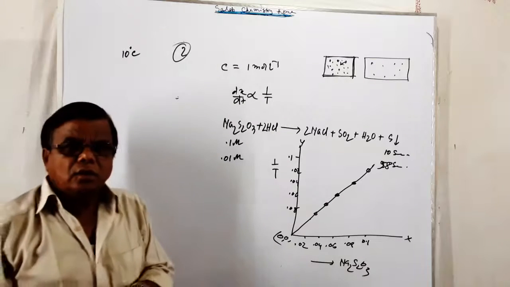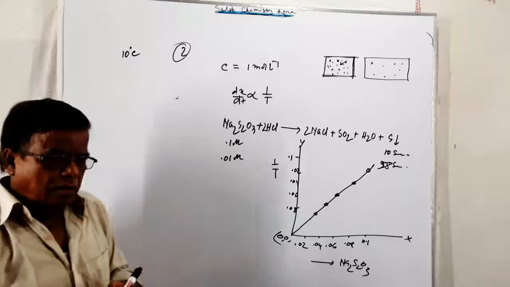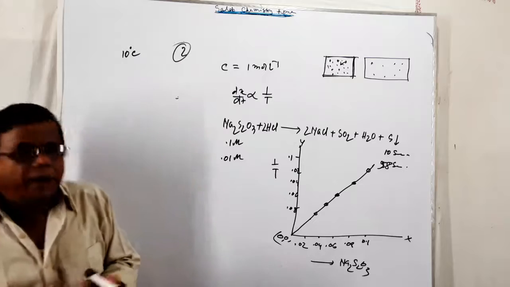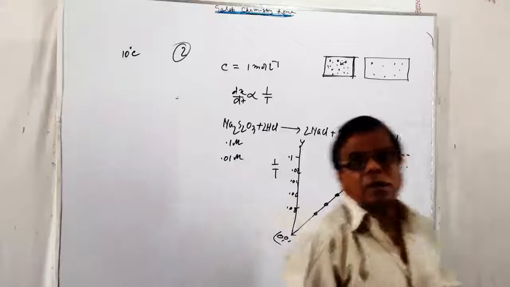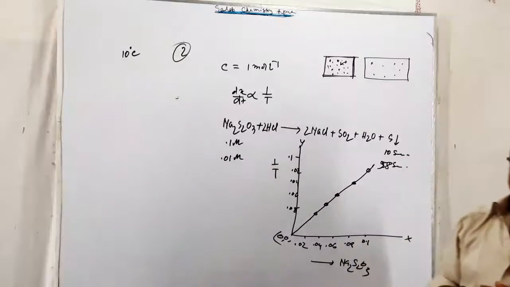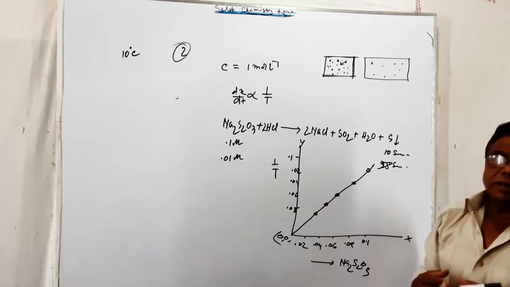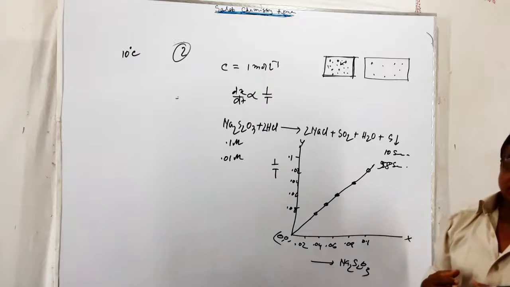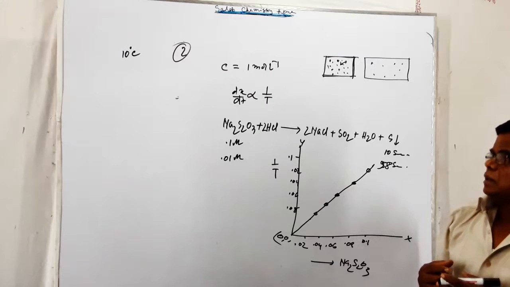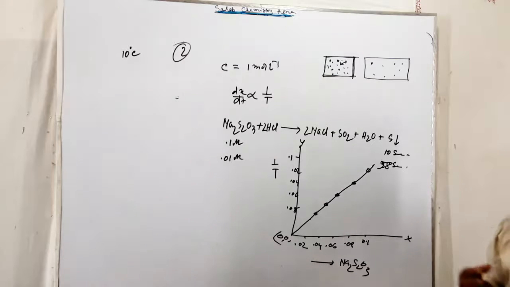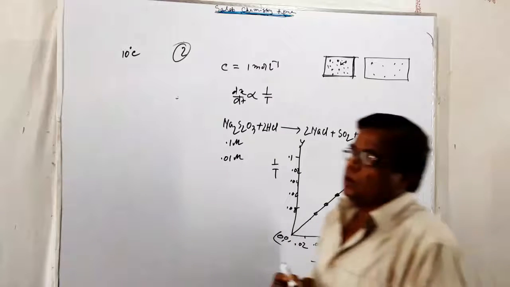The main reason is that when the temperature of the reactant increases, the velocity of the particles of the reactant, their kinetic energy, increases, so their number of collisions increases. And due to this, with the increase of temperature, the rate of reaction also increases.